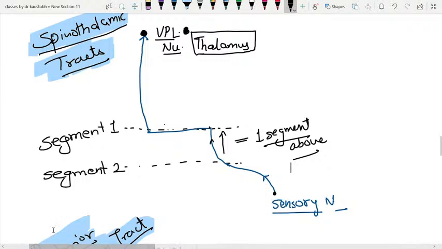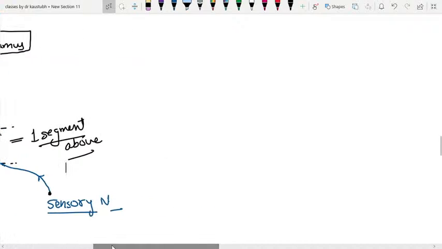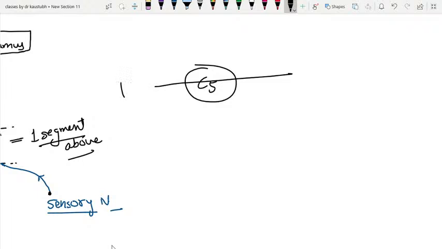So now the same example: C5 again. This is the level of lesion. What would happen to the sensations of pain and temperature above the level, at the level and below the level? Above the level, these will remain normal.